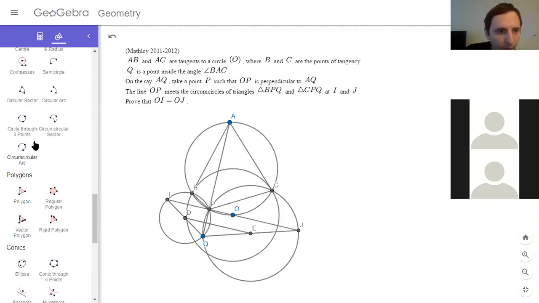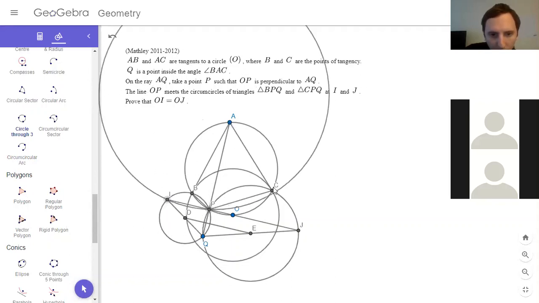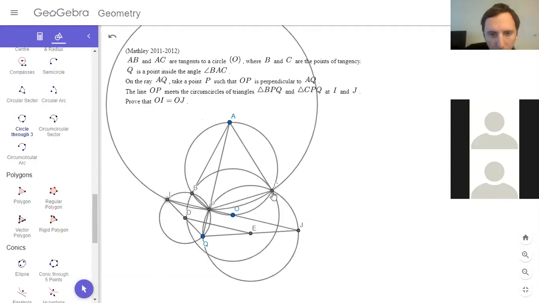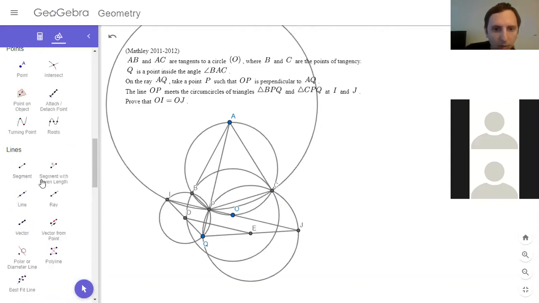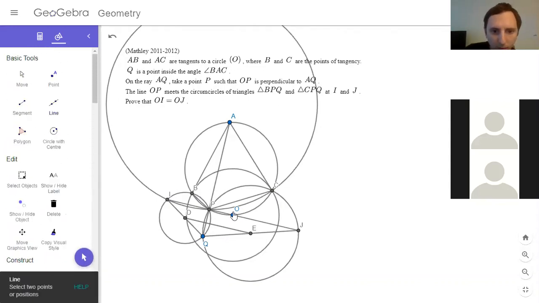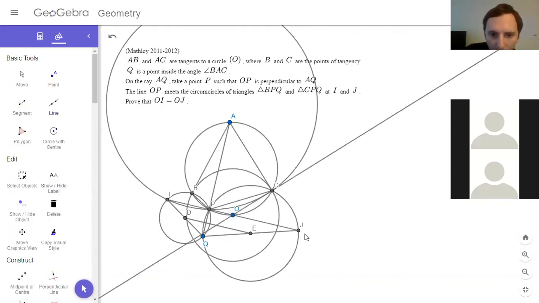I think I'm going to try this. Let's see. Is OC tangent to that circle? Actually, I don't think it is.